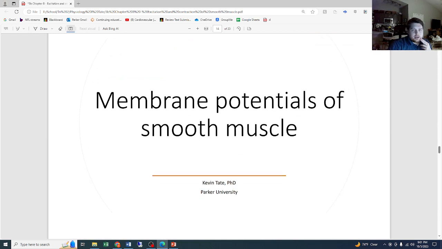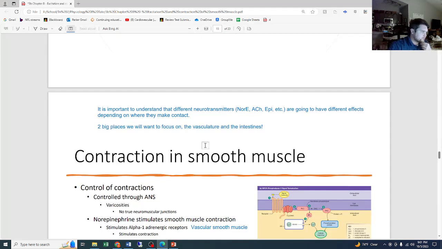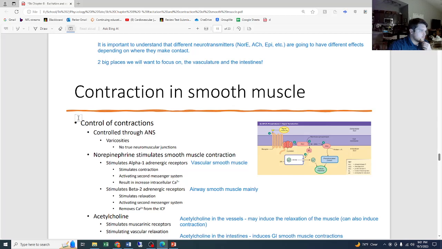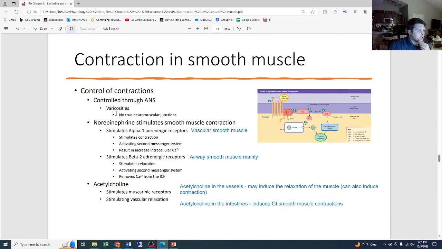Getting into the membrane potential of our smooth muscle. With contraction of the smooth muscle, the control of the contractions, like we talked about, is through the ANS, through those varicosities without the true neuromuscular junctions.